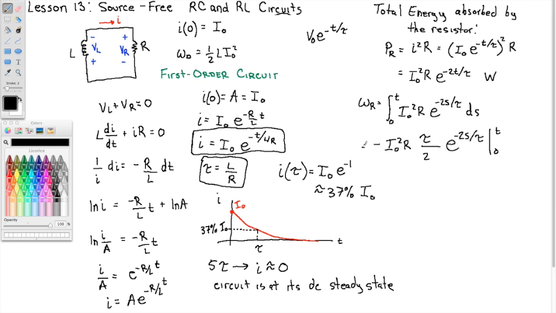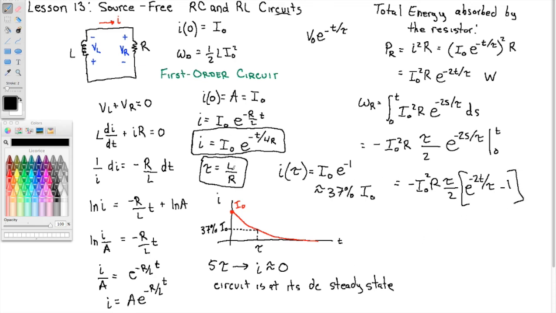Then, if I plug in t, I have e to the negative 2t over tau, so the s's go away, the dummy variable. And I plug in 0 for s. Like this.